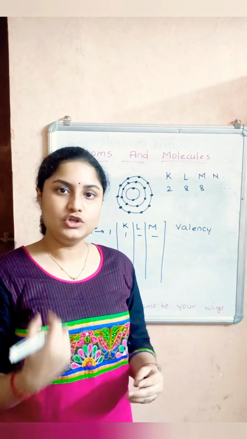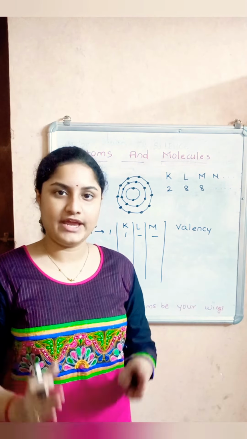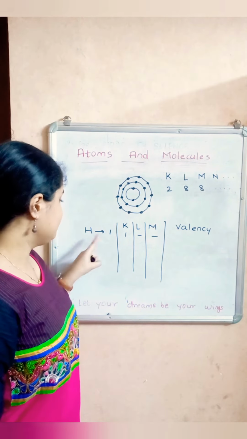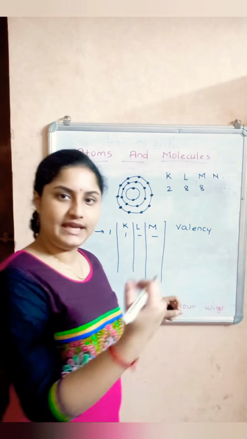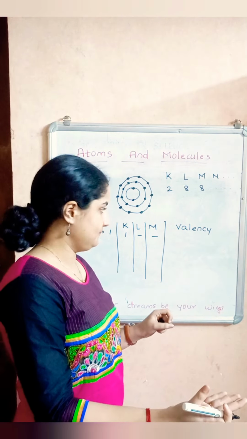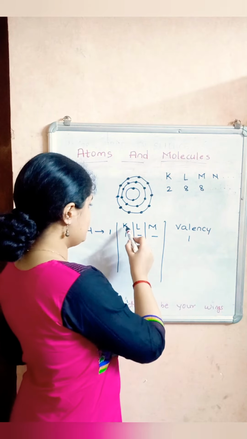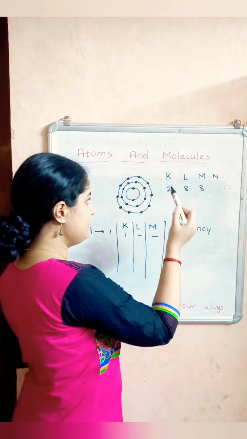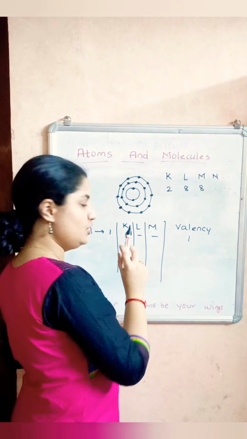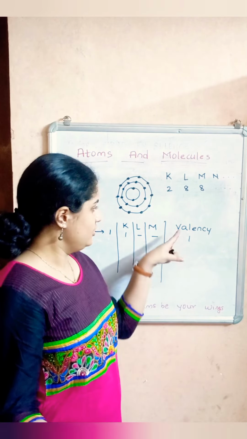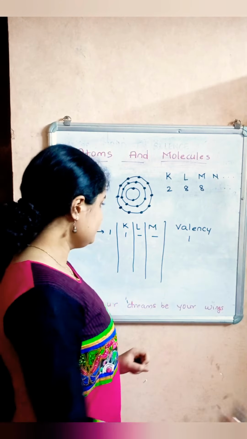It's the gain or loss of electrons in order to have the stable configuration. Now this hydrogen, okay, has option either to gain an electron or to lose an electron. So for K we know the maximum that can be filled is 2 and it is having 1. So it has option either to gain 1 electron or to lose 1 electron. So the valency is 1, okay.